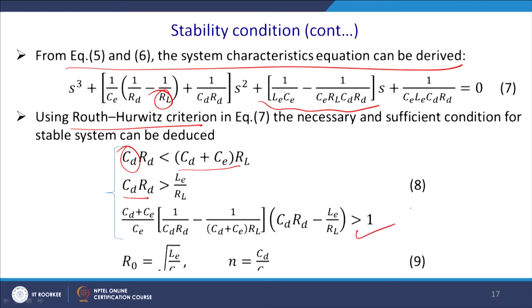That is equation number 9, where R 0 will be the square root of L by C, and n is the ratio of C d by C e. So, that is the notation that will be followed, and based on that criterion you will design the values of C d and R d.